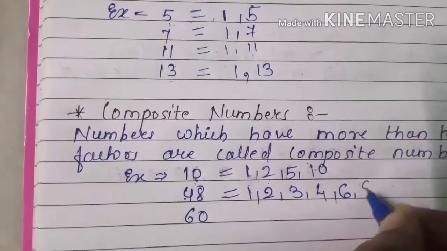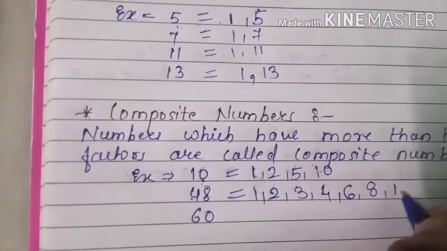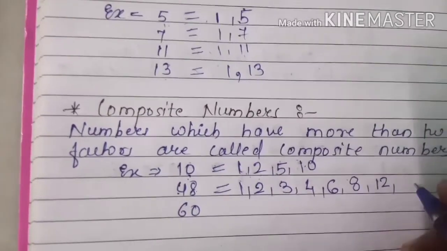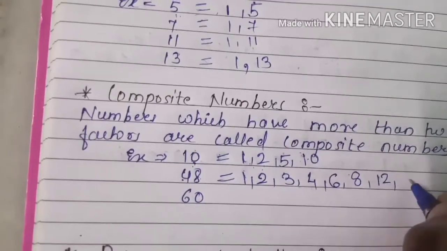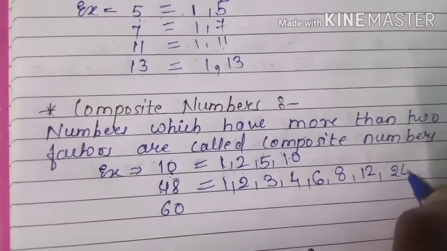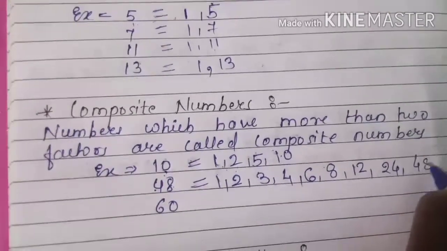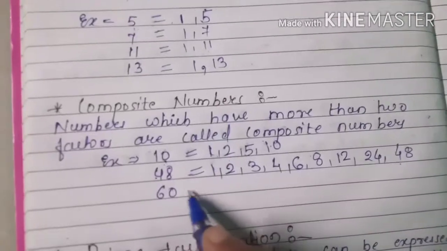Then it is present in the 8th table also. Then it is present in the 12th table. Then it is present in the 24th table and 48. So see here, there are so many factors of 48.